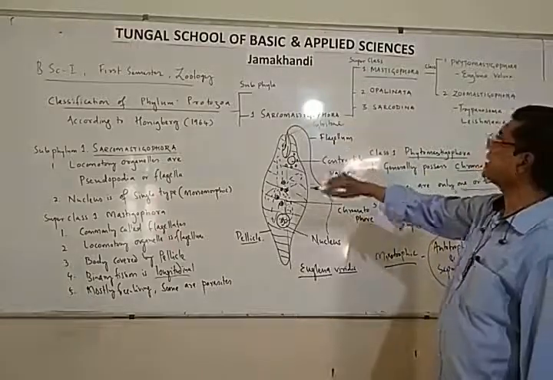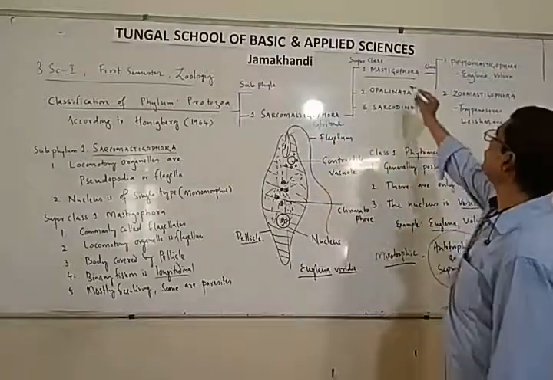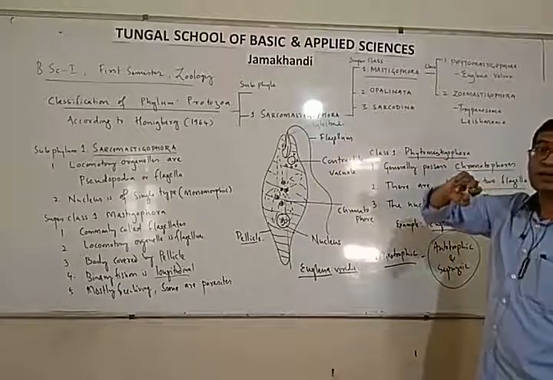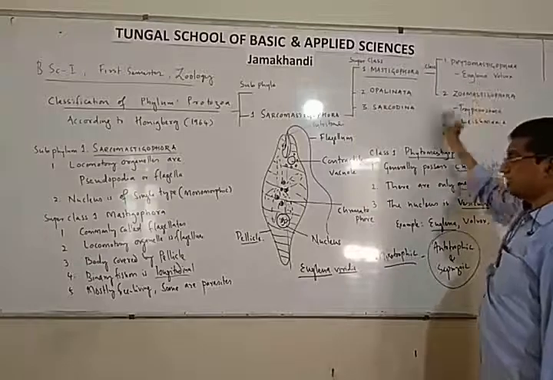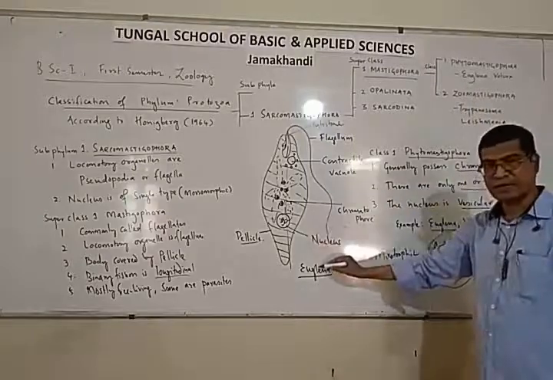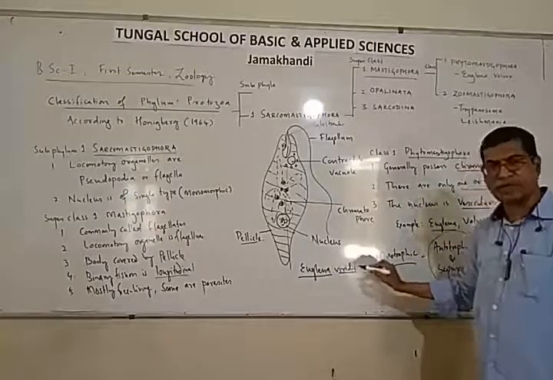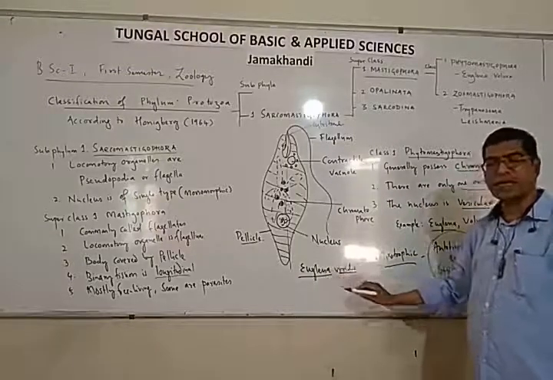We have studied the classification of protozoa up to class Mastigophora. In class Mastigophora, Phytomastigophora, one example we studied. Which example? Euglena viridis. Eu means true, glena means eye.